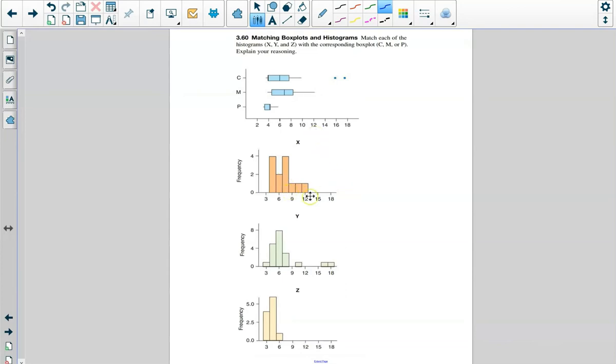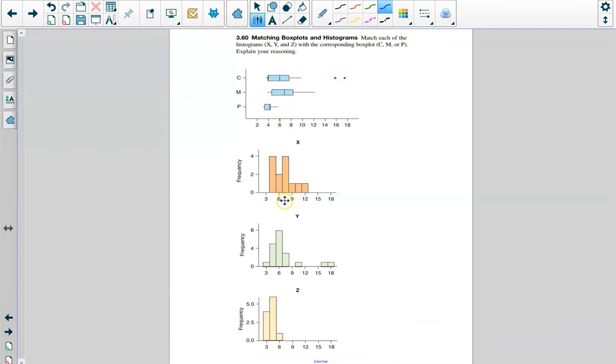If you look down here, that's X. So M matches up with X, because if you look at the minimum and the maximum, this matches that. Plus, if you look at the median, it says the median is right here about 7.